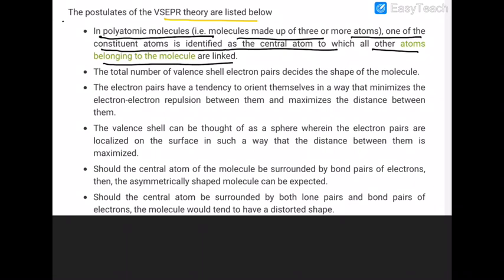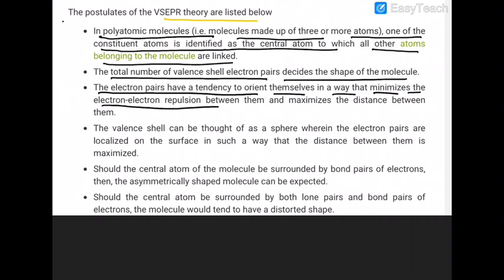So identify the central atom, which should be the least electronegative, and it should not be hydrogen or an alkali metal. The total number of valence electrons decides the shape of the molecule. Next, the electron pairs have a tendency to orient themselves so as to minimize the electronic repulsion.